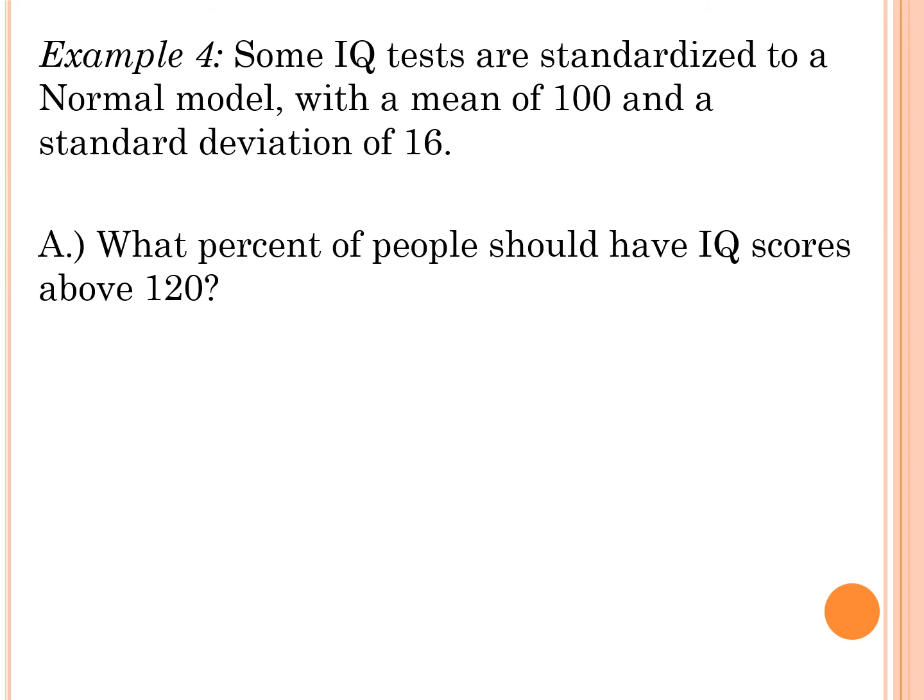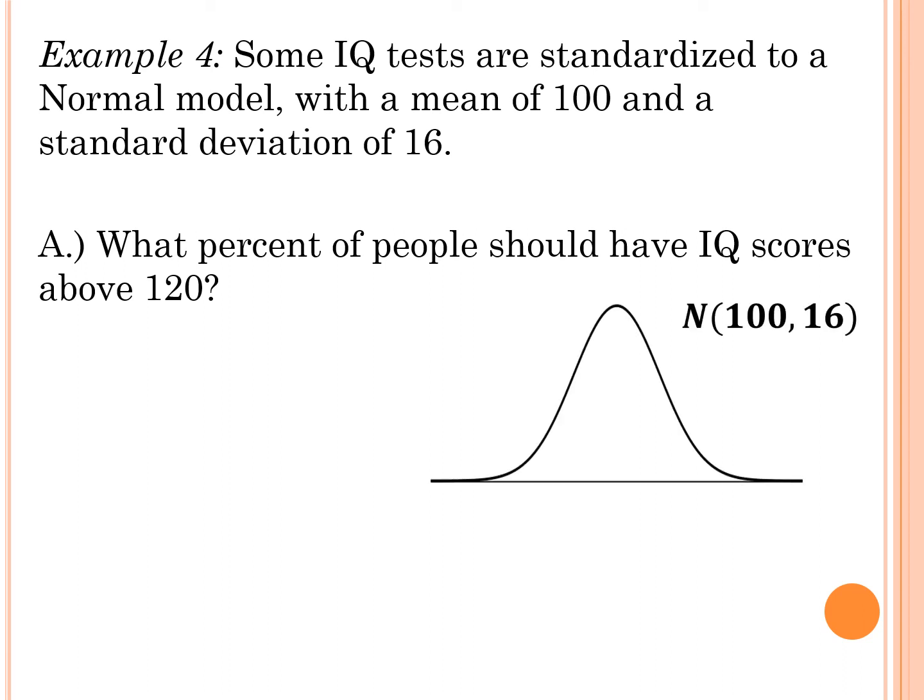If we looked at IQ scores, we would see that they follow a normal model. They have an average of 100 and a standard deviation of around 16. What percent of people should have IQ scores above 120? Here's our distribution, 100 right in the middle, standard deviation of 16. We can always pull those parameters right out of this little N parentheses thing. We want to find the probability that we end up at 120 or more. So 120 to the right.